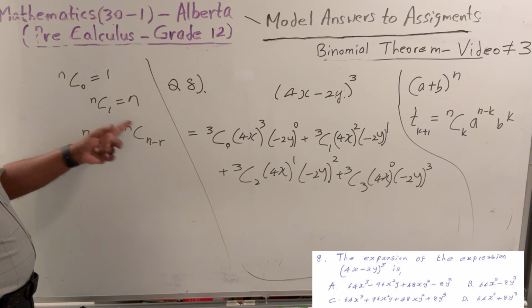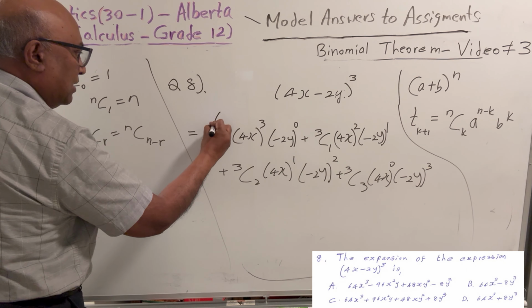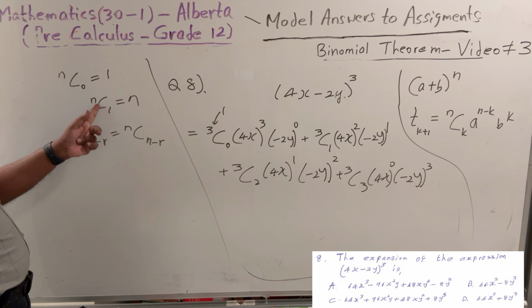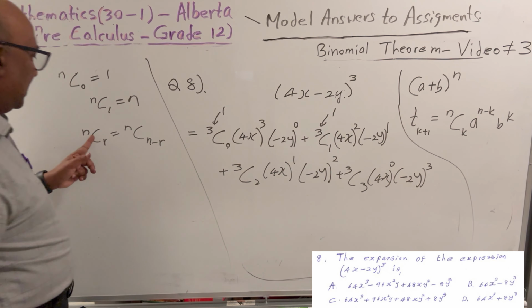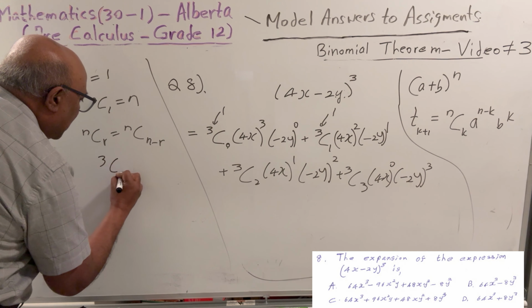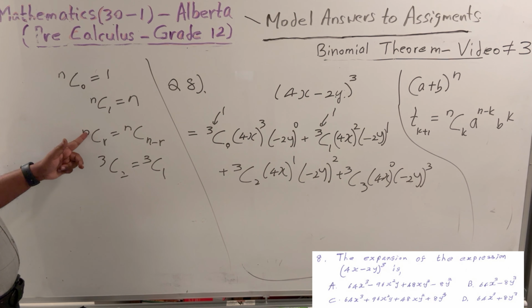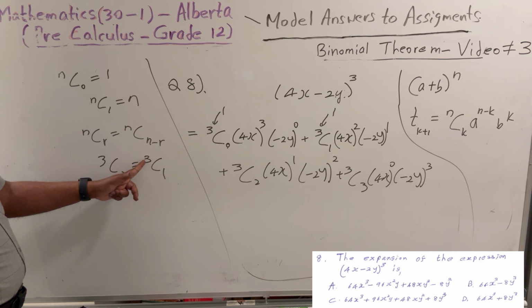By applying this, we can figure this out. 3C0 is 1. 3C1 is 3. 3C2: when you plug n equal to 3 and r equal to 2, 3C2 equals 3C(3 minus 2), that means 3C2 equals 3C1.